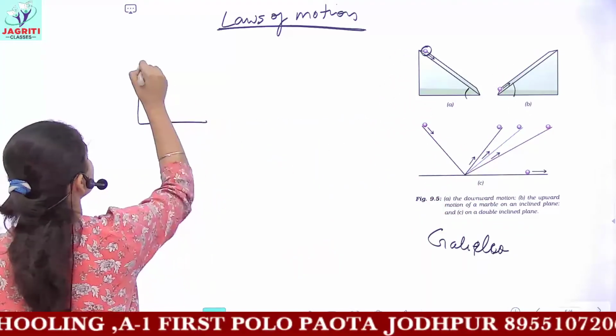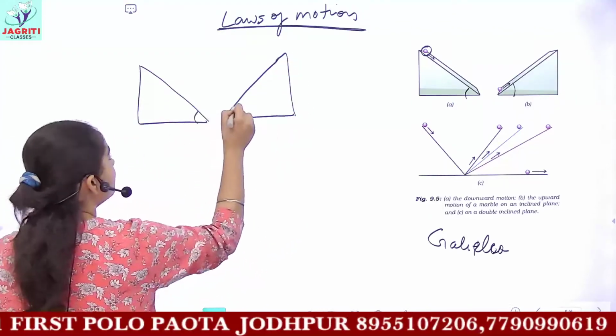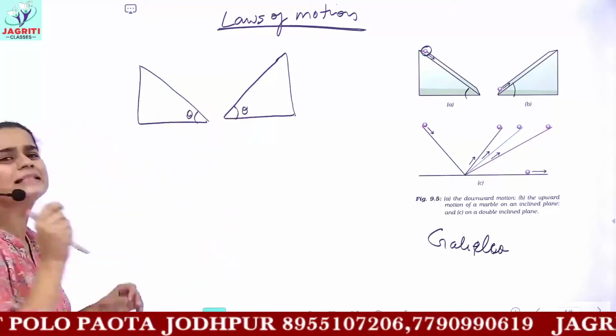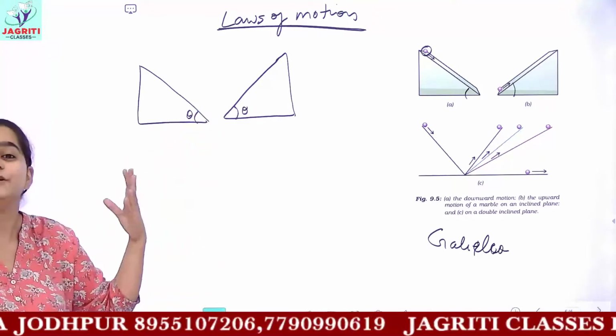What I am trying to say is, let's suppose you have 2 inclined planes. The angle of inclination of both inclined planes is theta. Any angle you can take, both of them 60 degrees, both of them 75, any.